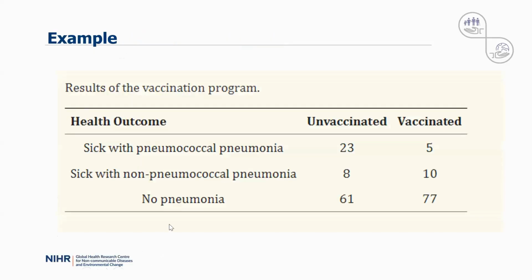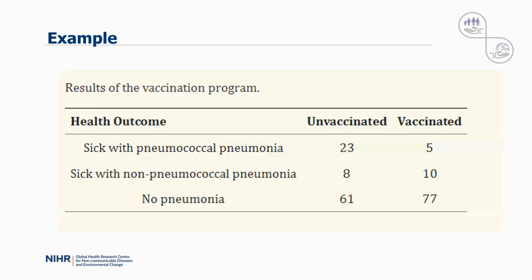Now, coming to an example, just the application of the chi-square test: this is a 3x2 contingency table where we are looking at vaccination as an exposure, and the status of sickness with respect to pneumonia.